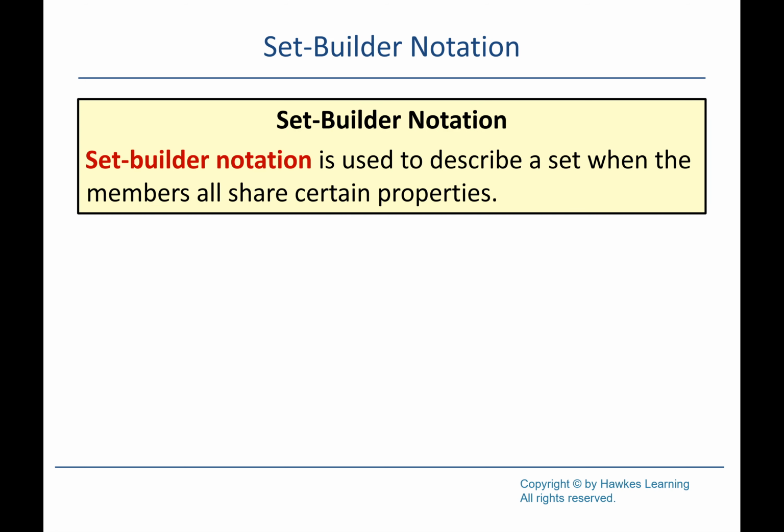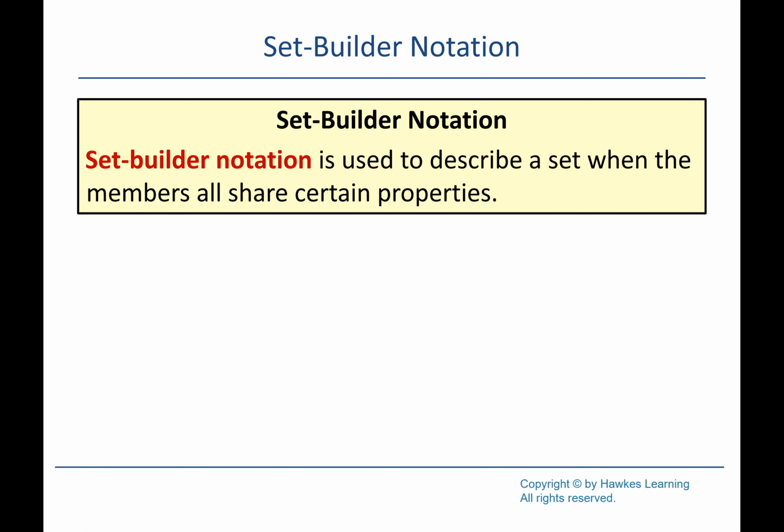So the idea with set builder notation is that we're not going to list out all the elements. What we're going to do is come up with some type of property or some characteristic that all the elements in the set have. And we're going to say this set consists of all the things that have this property. And we'll be able to talk about the set that way.